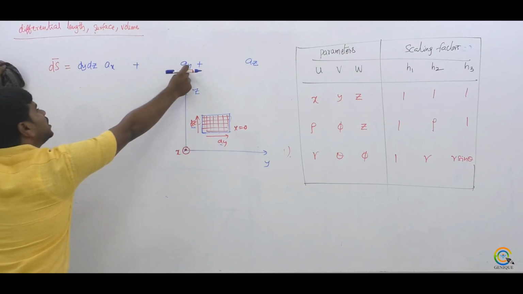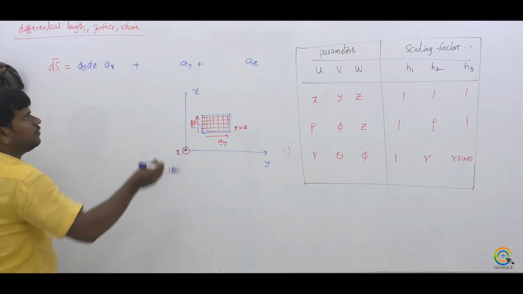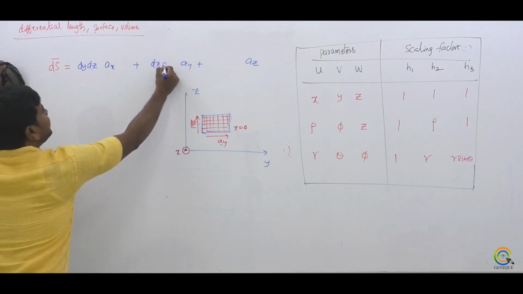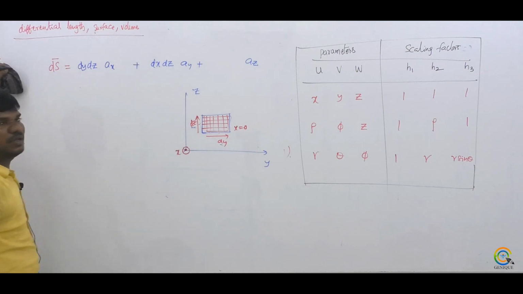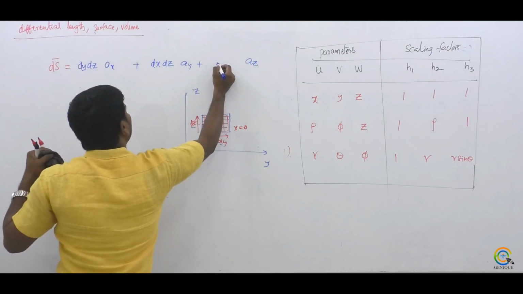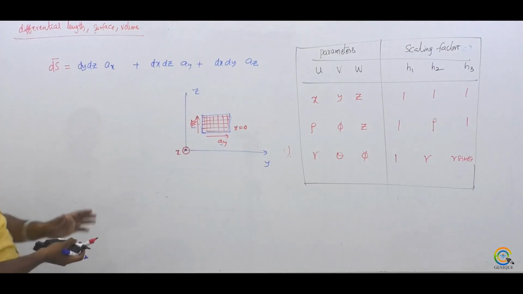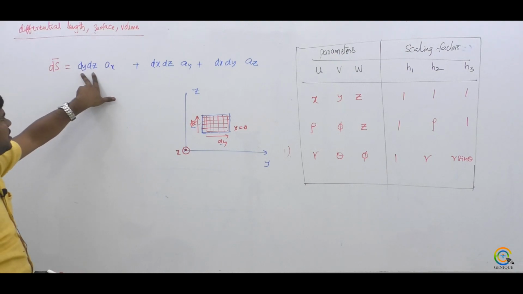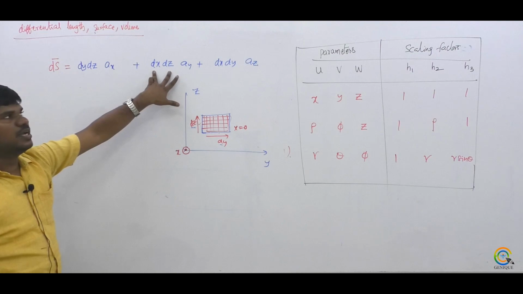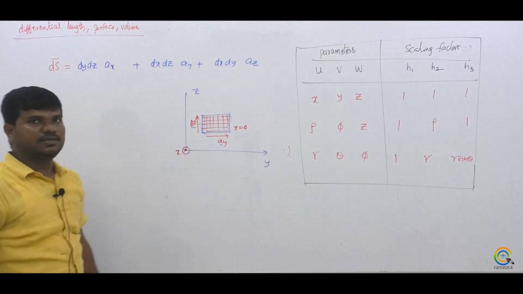So in the direction of ay, what are the differential lengths? Here dx and dz, right? In the direction of az, what is this? Dx and dy. So this is the differential surface area in the direction of x, in the direction of y, and in the direction of az.